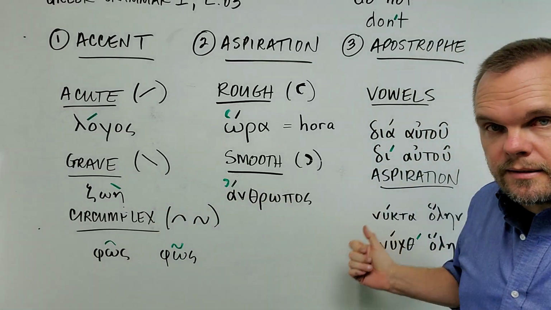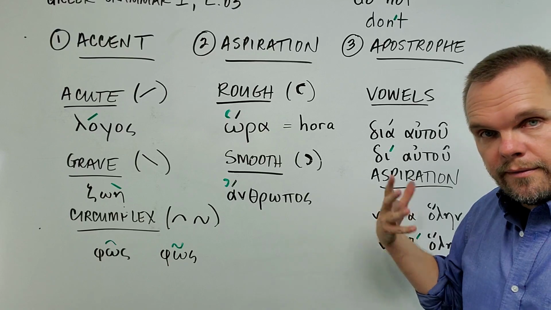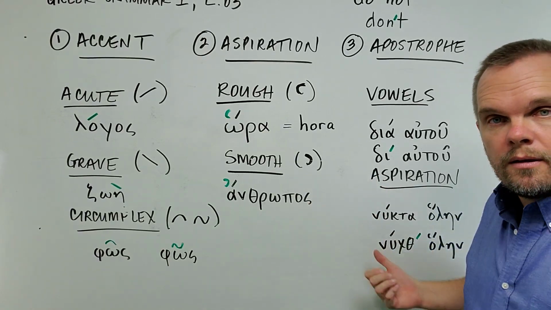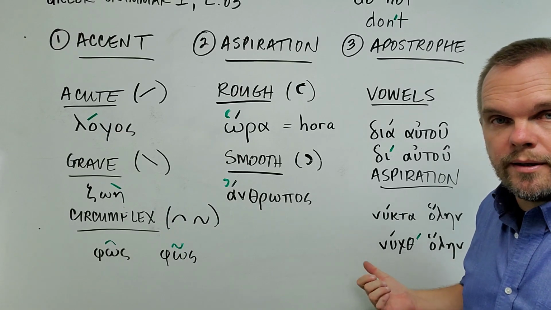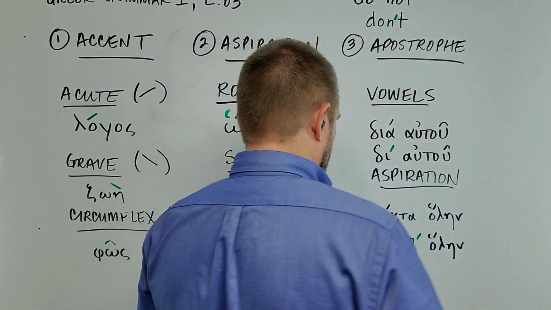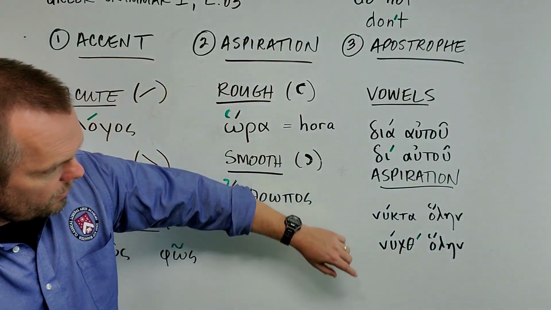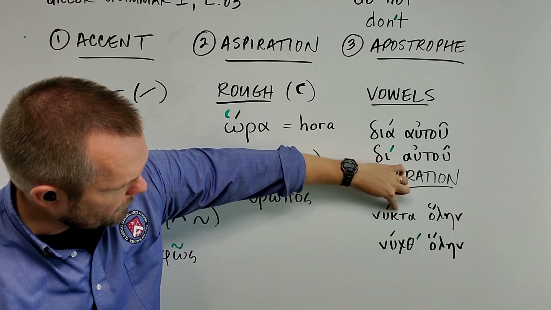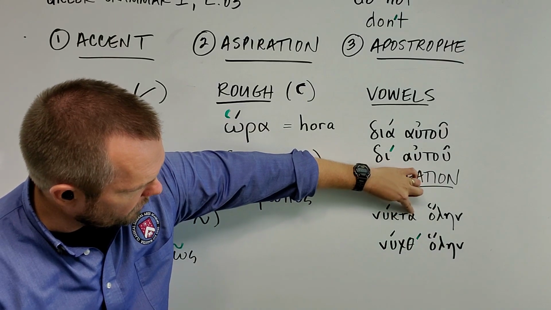Here we're going to see an example of this changeable aspirated mute being used when there's an apostrophe. Okay? Let's look at the example. We have this word: nu, upsilon, kappa, tau, alpha.